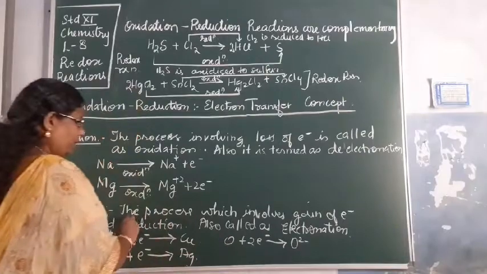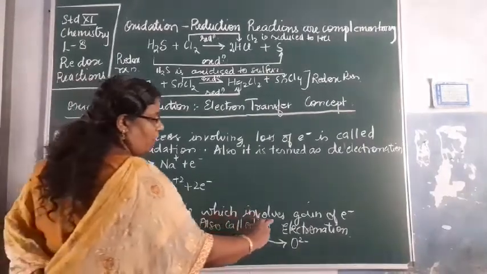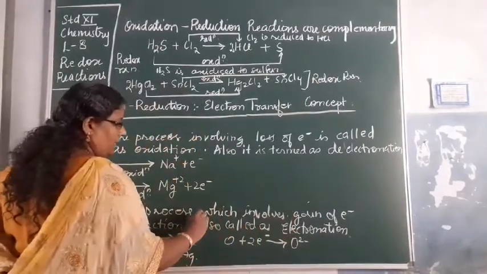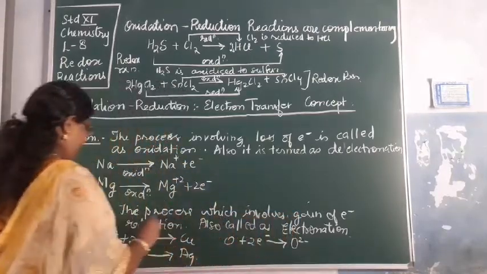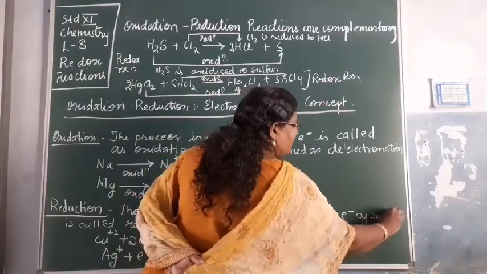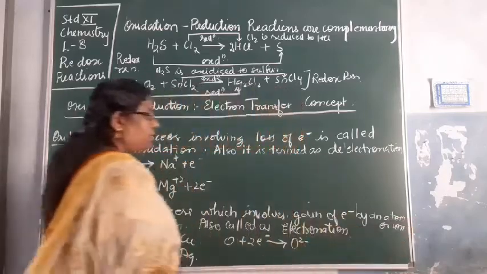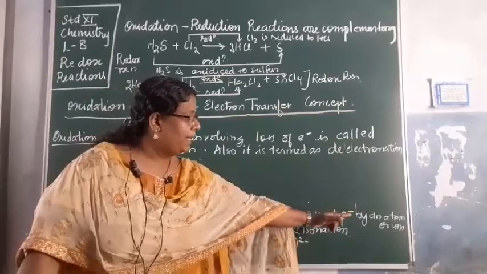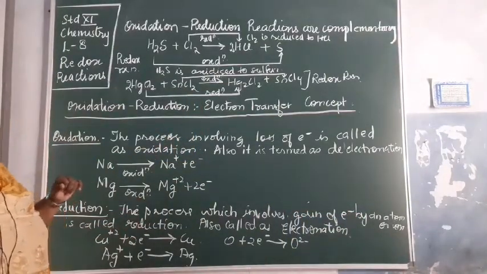Okay. So here you can add one more part. The process which involves gain of electron by an atom or ion is called reduction.